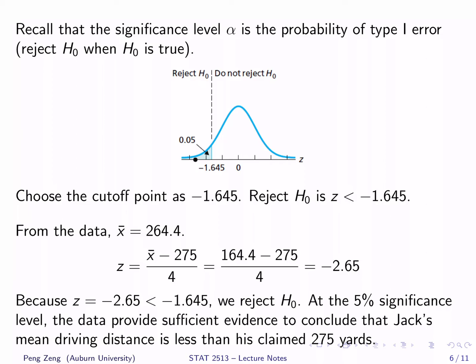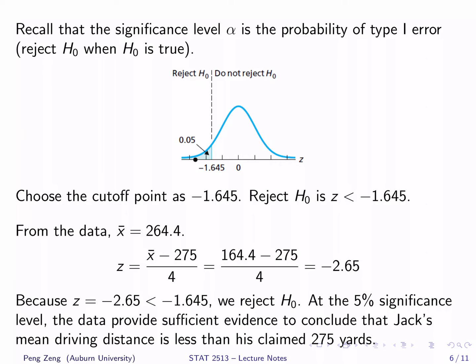This cutoff point divides the range of z-scores into two parts. If a z-score falls on the left of this cutoff point, we will reject H0. If a z-score falls on the right of this cutoff point, we do not reject H0. For the data we collected, x bar equals 264.4. Calculate the z-score.